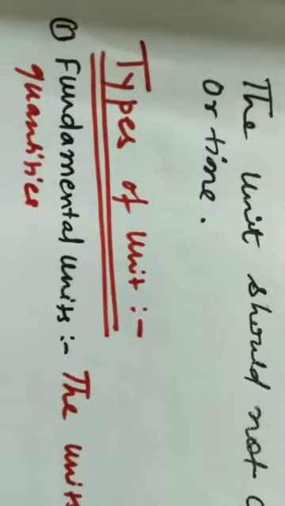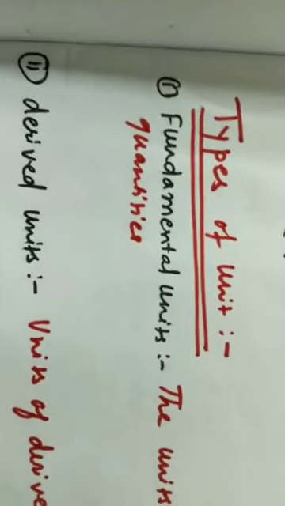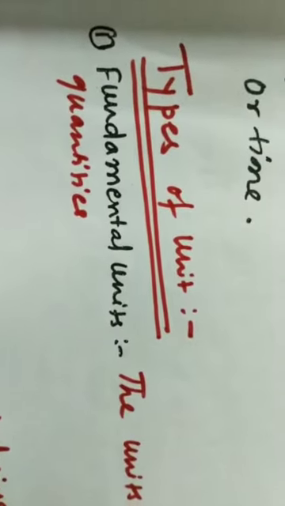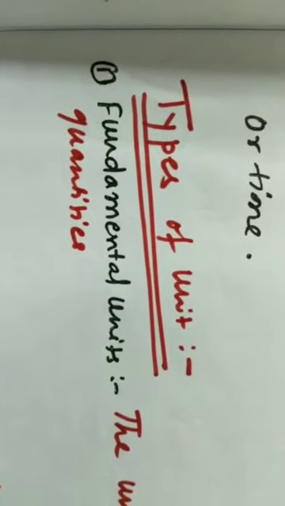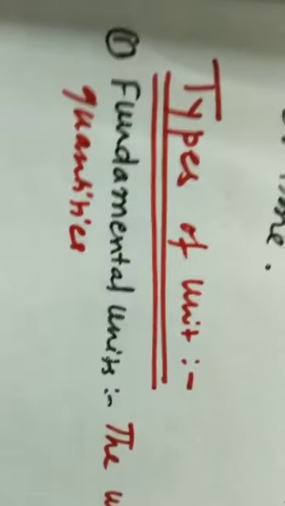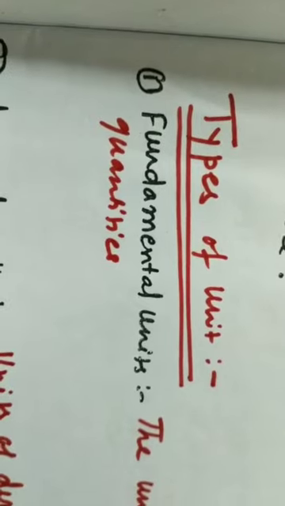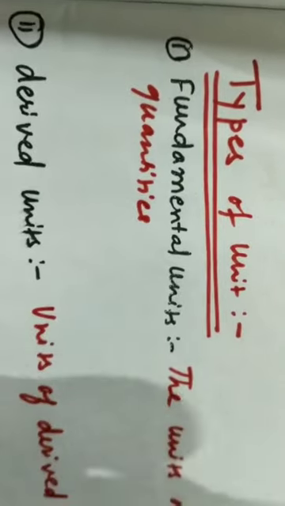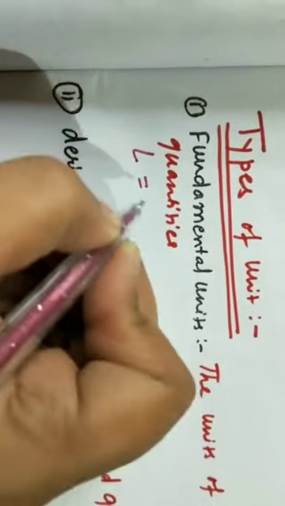We have also discussed the types of unit: fundamental units and derived units. We have discussed two kinds of quantities, the fundamental quantities and the derived physical quantities. Fundamental quantities are the basic quantities, so their units will also be fundamental units or basic units. Suppose for a fundamental quantity we use the unit meter or centimeter.